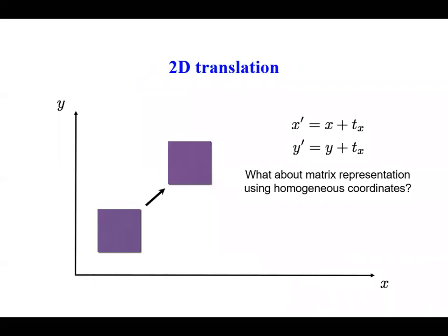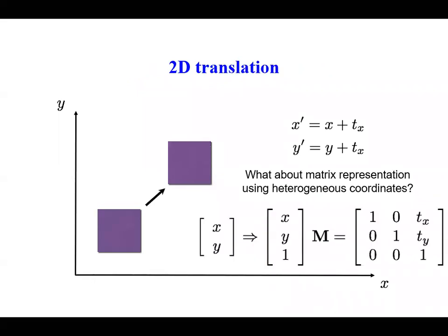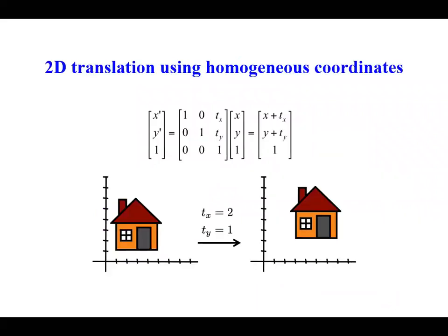So now can we do this in matrix representation? Yes, we can. After doing this in the homogeneous domain, we can write our matrix M in that particular shape. So now I have x dash, y dash, and then 1, the translated direction. Here is my original direction, and this is my matrix.